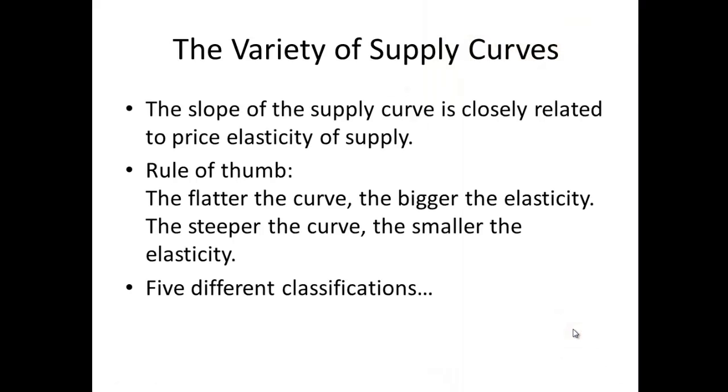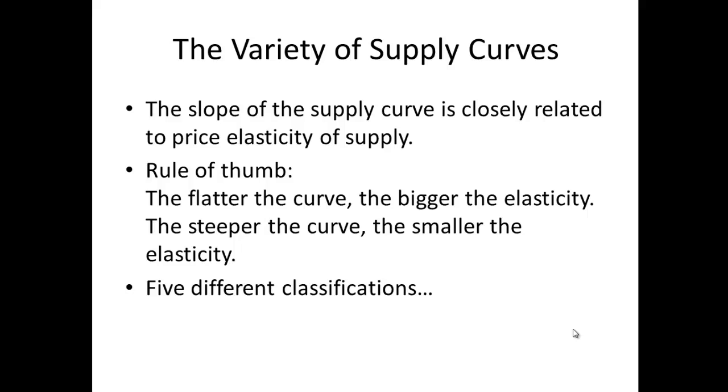Again, remember that the slope of the supply curve is relative to price elasticity, and remember we talked about how there's a portion of the supply curve that's going to be relatively inelastic, a portion that's going to be unit elastic, and then another portion of the supply curve will be elastic. Now, what you will see is that it's usually the reverse.